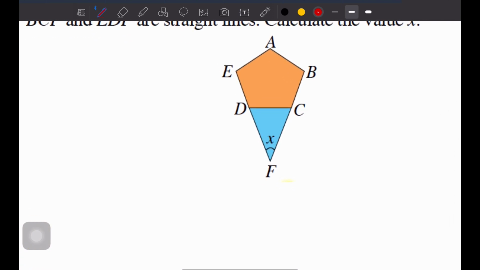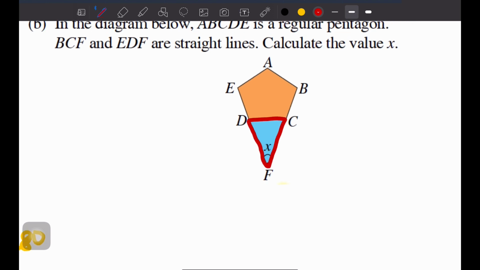So, okay, first we know that this is a triangle. Okay, so we know that the total of each, what we call this, exterior angle, is 360.